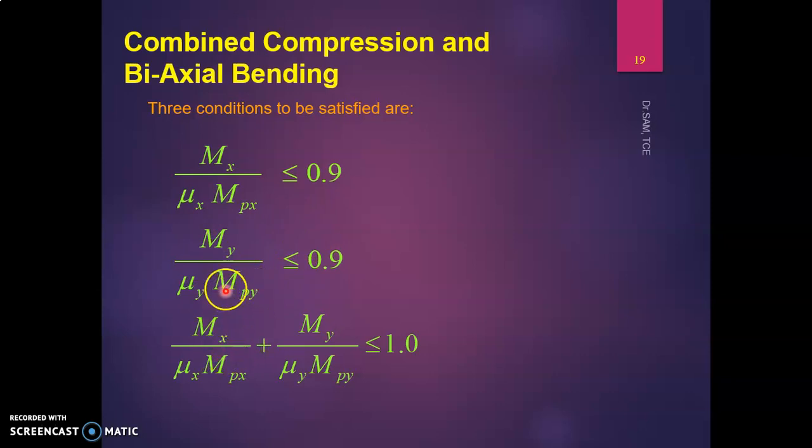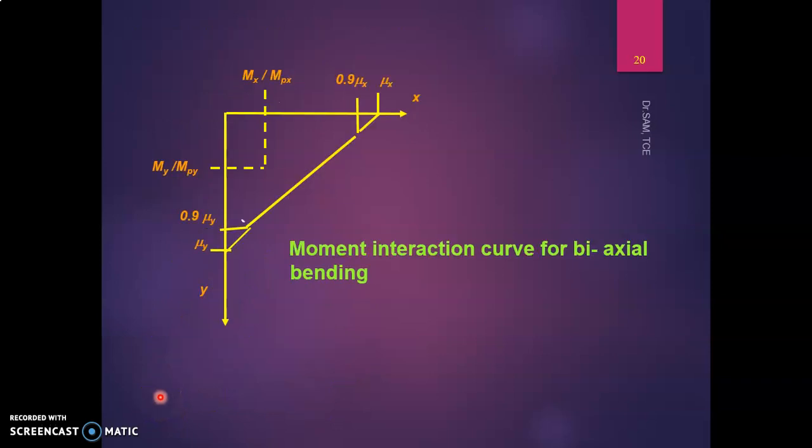But since you have a moment on either plane, you have to check the combined effect of the two moments also. This is the interaction equation for biaxial bending, where the linear expression is terminated at 0.9 mu x, that is axial compression with the moment is terminated here.